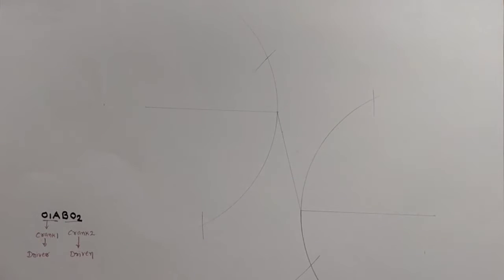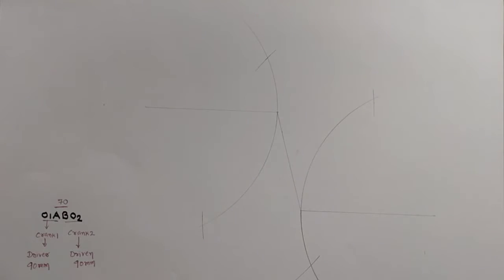Now friends, in this problem, the radius of O1A crank is 90 mm. Similarly, your crank BO2 is given 90 mm, and the length of connecting link AB, that is a connecting rod, is given 70 mm.